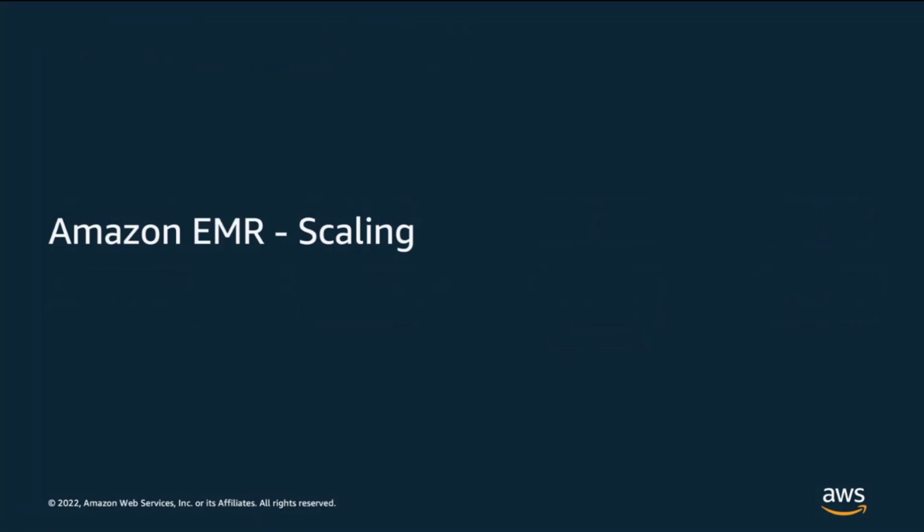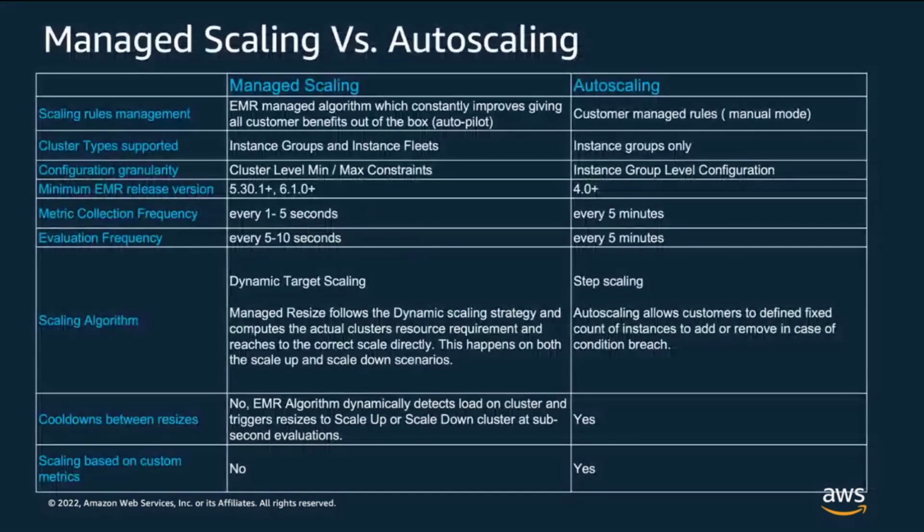Now let's go with our next section, which is called Amazon EMR scaling. Let's see how flexible you can make your cluster and how you can get the best out of it. We do have two options for scaling: Amazon managed scaling and auto scaling.